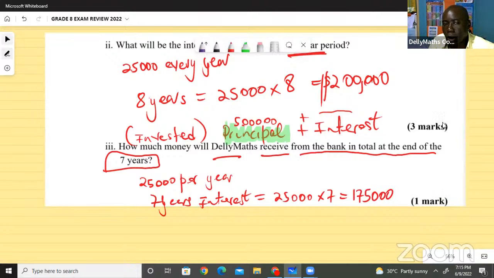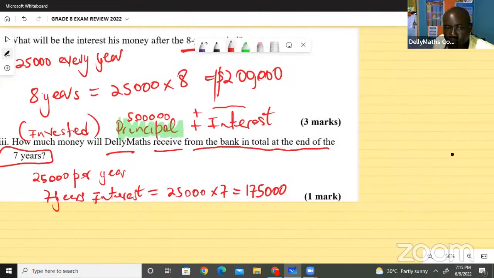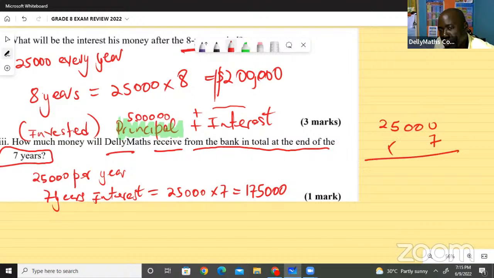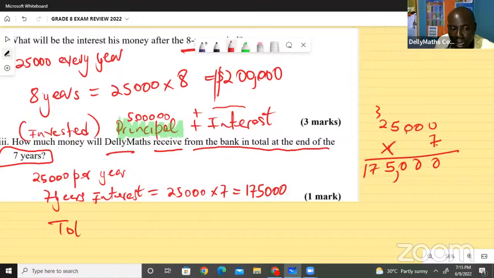Now, if you're wondering how we multiply that, it's 25,000 times 7. 7 times 0 is 0, 7 times 0 is 0, 7 times 0 is 0. 7 times 5 is 35. 7 times 2 is 14, and 3, 17. So it's 175,000.